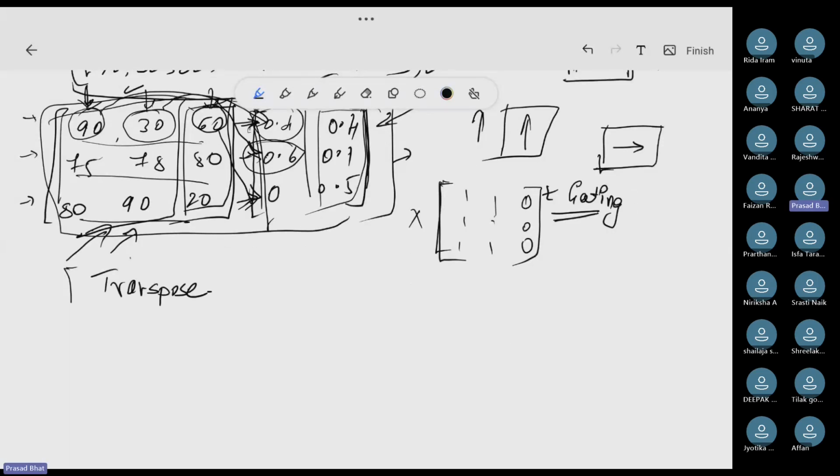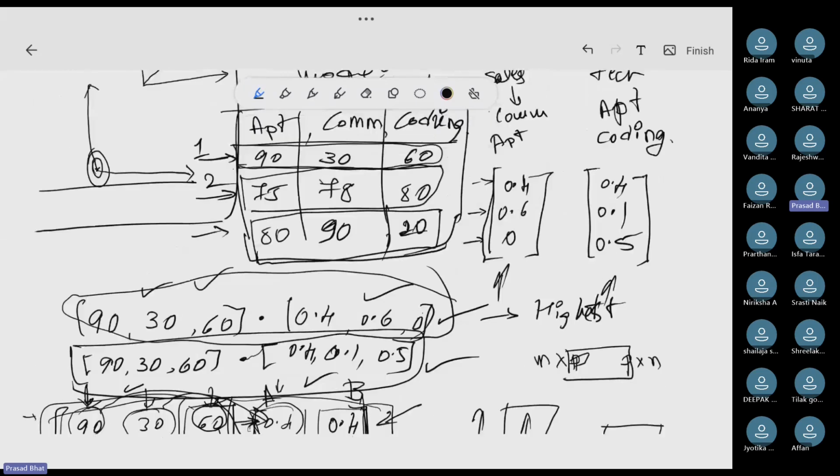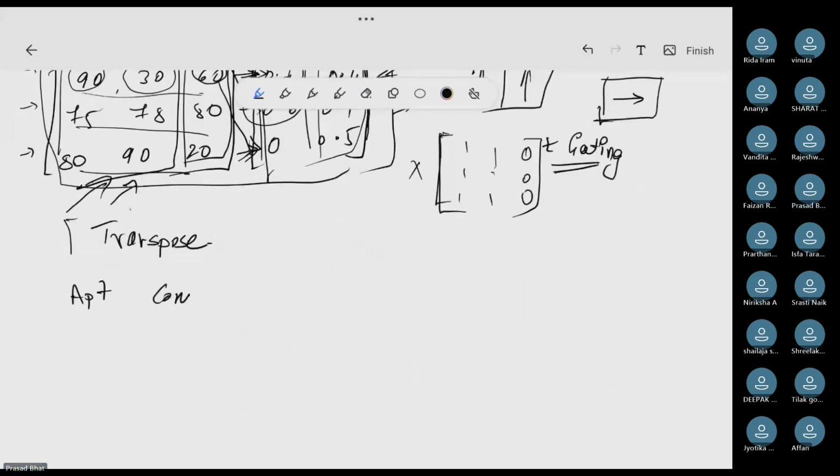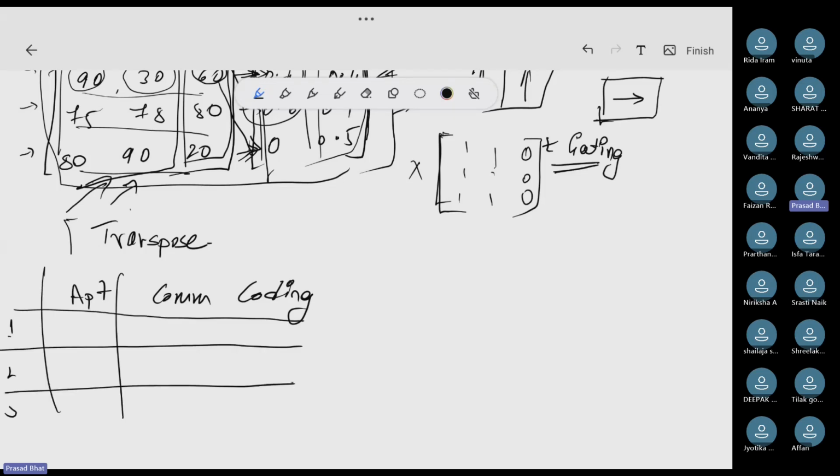So the same table, if I take aptitude, communication, and coding, and this is student 1, 2, and 3, right? So if you look at this, what are we doing here? These things become the features, right?